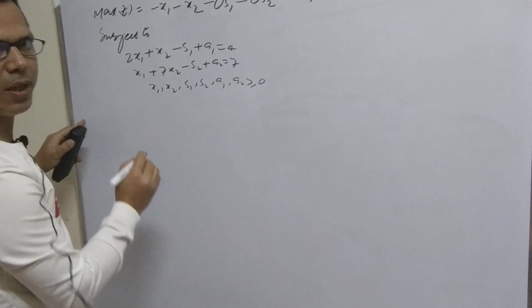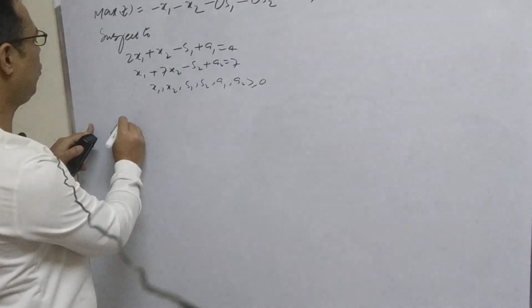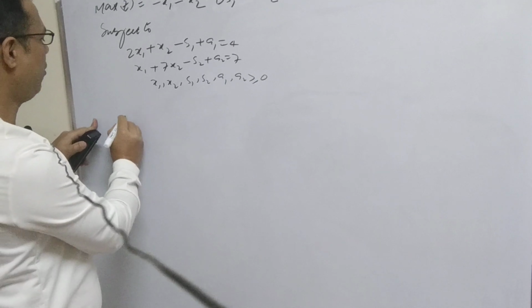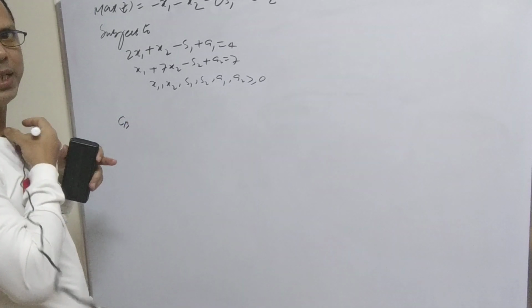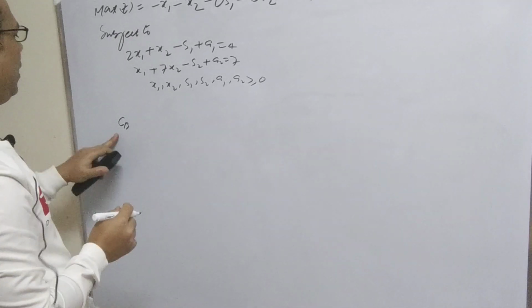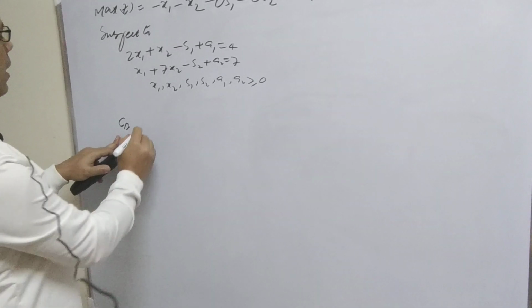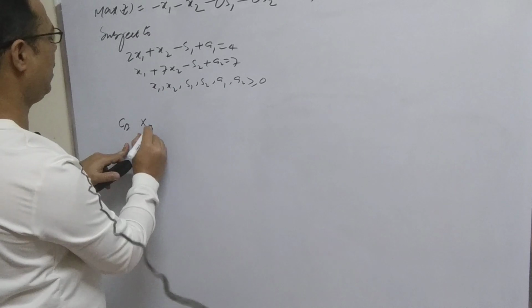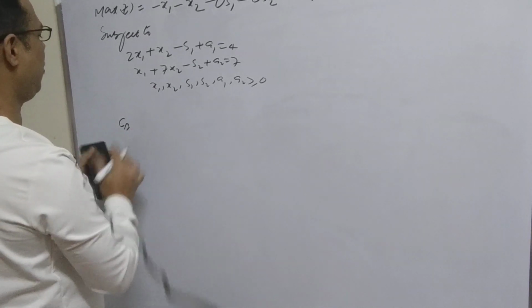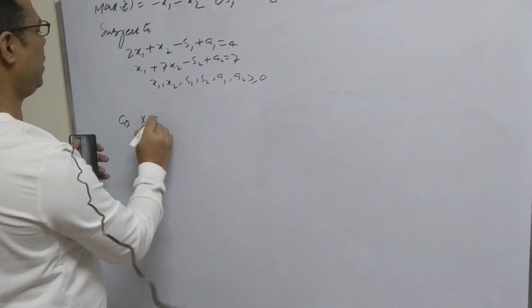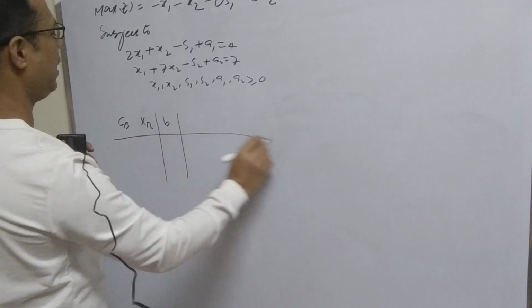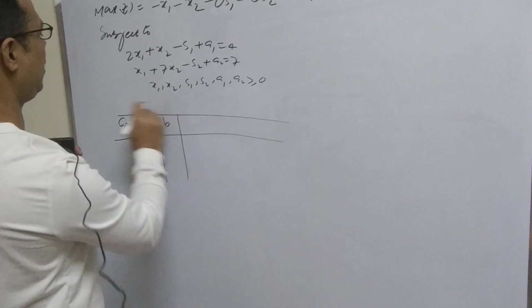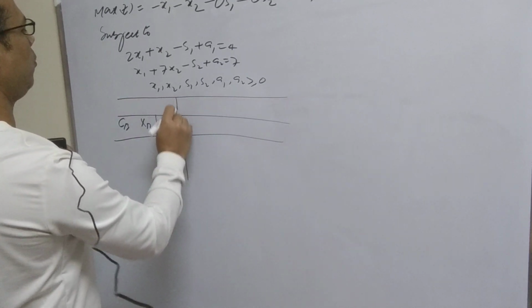Before drawing the table, we go by the same procedure. First we write CB, that is the coefficient of the basic variable. Then XB, the basic variable, or sometimes we call it the basis. Then we go for the b column. Then draw the line. Same steps, nothing is new.